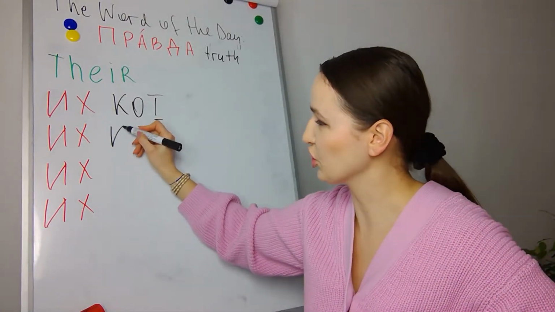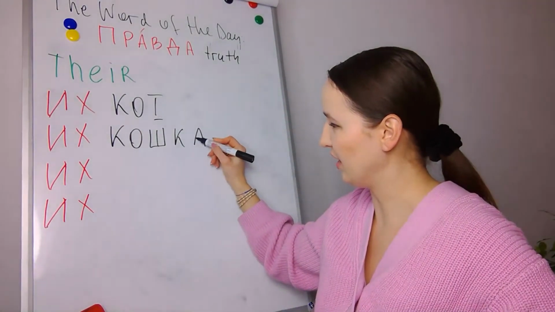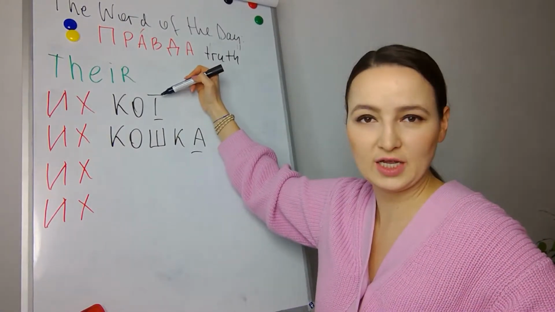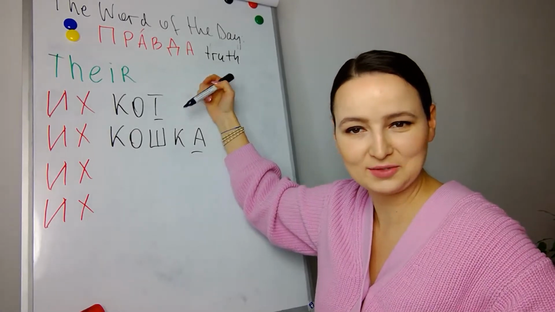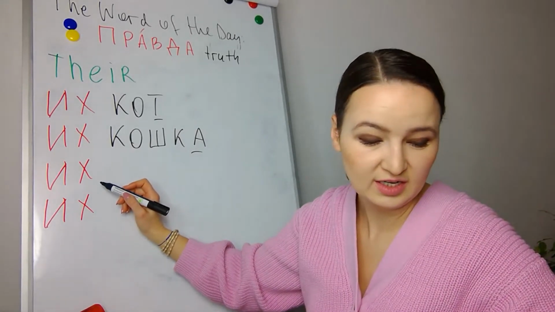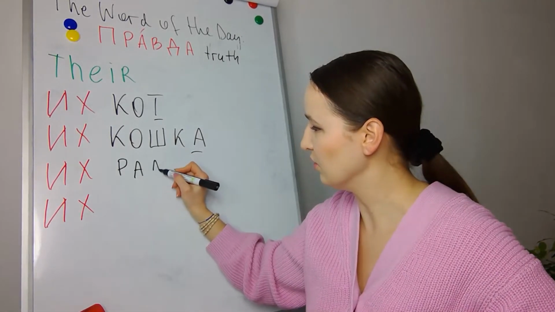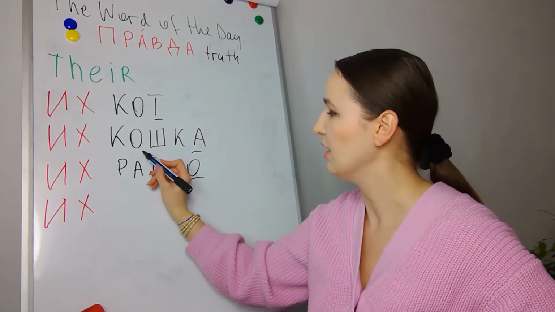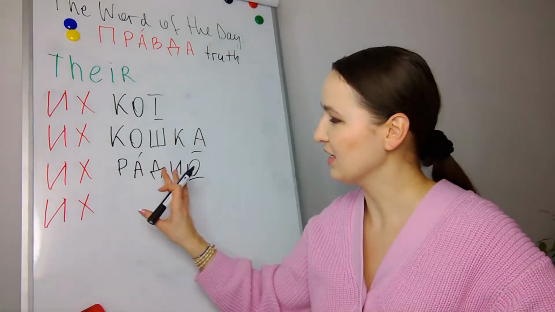Yes, кошка, female cat. Кошка ends in a, so it's feminine. Их кот, their male cat. Их кошка, their female cat. And neuter, их радио, their radio. Radio ends in o and it is neuter. Их радио.